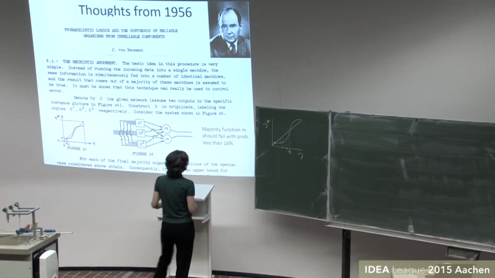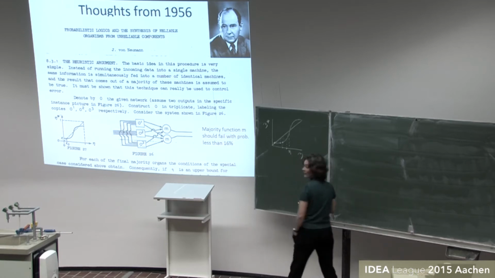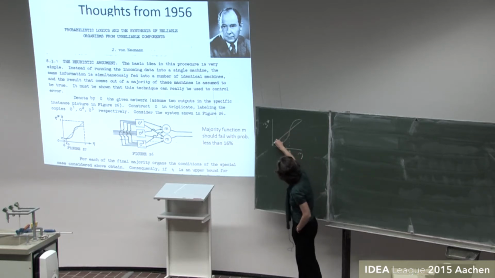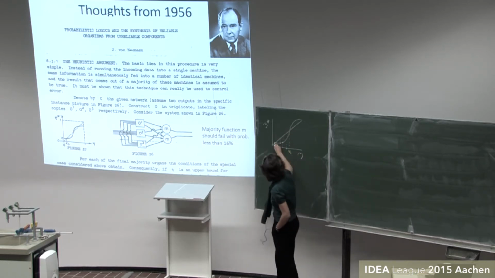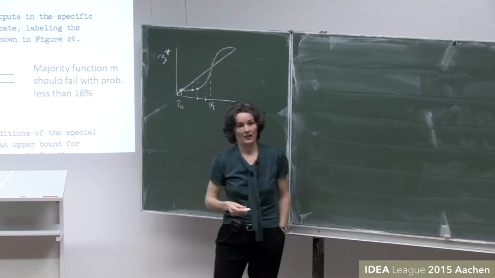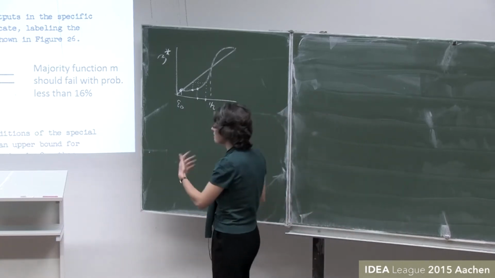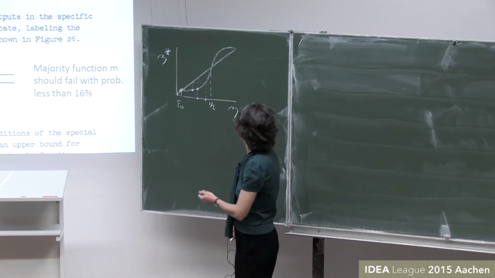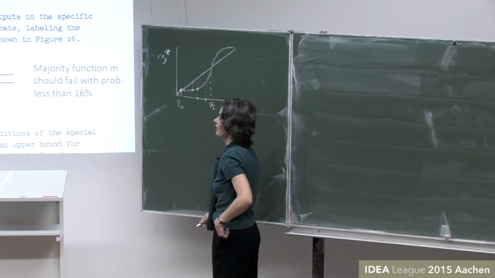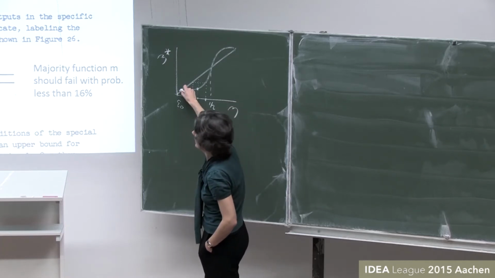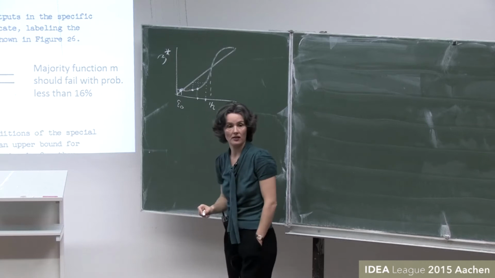And then I see where this flows to if I keep on repeating this. And what this shows is that if you're below a half, and you keep on doing this, you flow to this point, which is called epsilon 0. So if you keep on doing this recursively, you'll get a noise error rate which is epsilon 0.